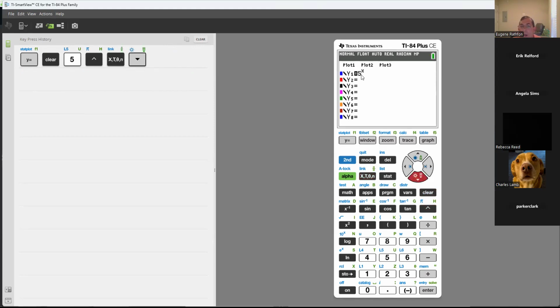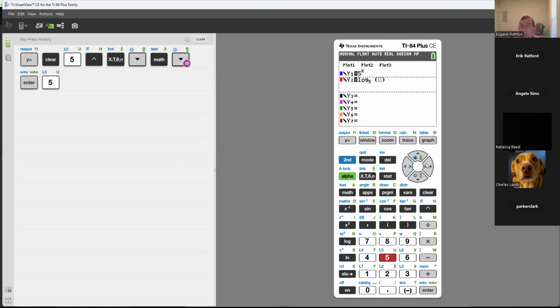Then I'm going to go down to y2 right here, and it's going to graph this one using red, I think. On this one, I had a log base 5 of x, so I'm going to hit math, go down to log base, enter, and I had a base of 5, and then my result was an x.